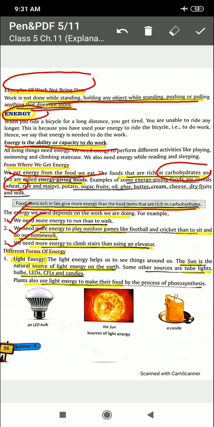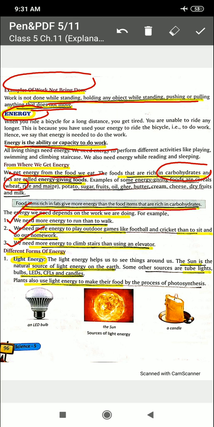So obviously you are spending less energy because you are sitting at a place. Fine. As compared to that, when you come to the school, you climb up and reach your classroom. So for that you need more energy.